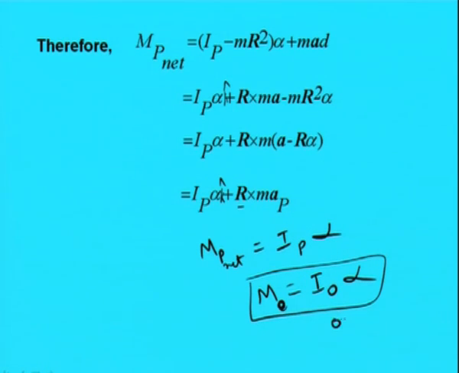If O is the mass center, O is same as G, then it is valid. O is a fixed point, or O is having an acceleration which is in the direction of the mass center. If that point has acceleration towards the mass center, then also this equation is valid.